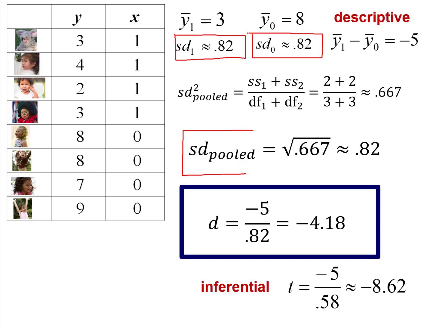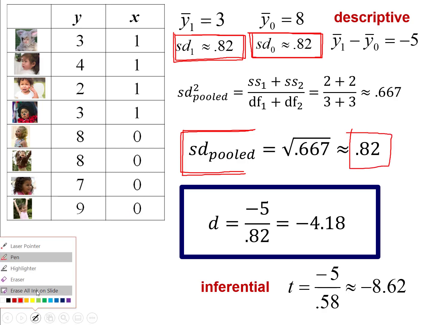In real life, you would never conduct a study and get a standard deviation for one group that's exactly the same as the standard deviation for the other group. At least that would be incredibly rare. But for this example, I've given you this hypothetical situation that's rather unrealistic, where the standard deviations for the two groups are identical to each other. So if the standard deviations for the two groups are identical, when we calculate a pooled standard deviation, we're going to get the exact same value. And you can see that all these standard deviations are 0.82.